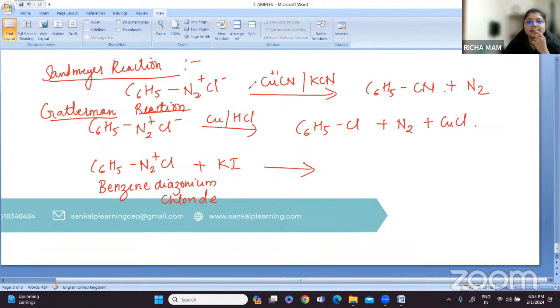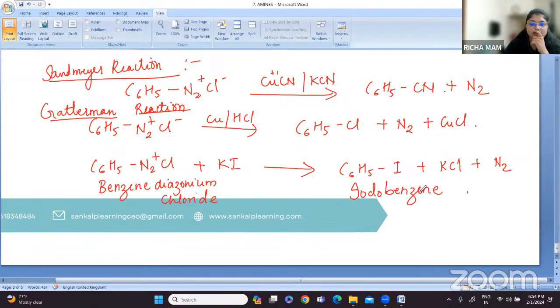Yes, Priyanka, good. It is iodobenzene. I'll get iodobenzene plus KCl plus N2. So benzene diazonium chloride can be converted into iodobenzene by reacting with potassium iodide.